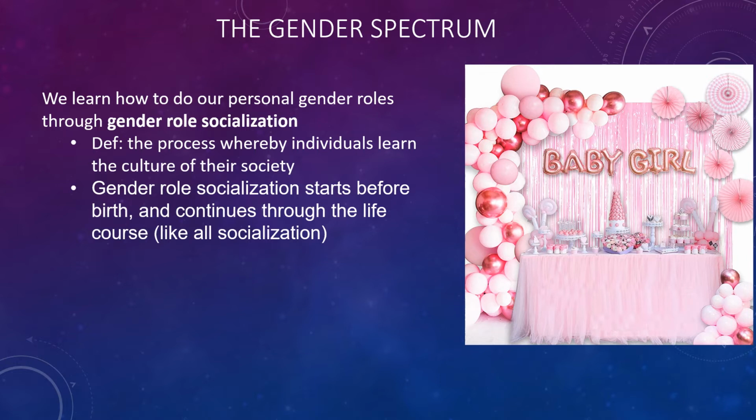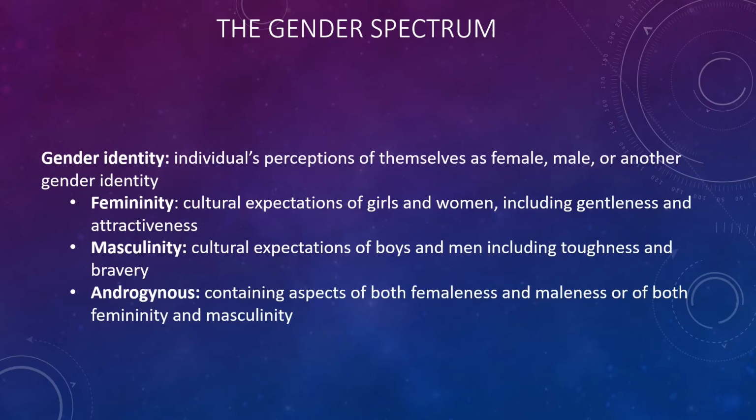If you've ever been to a baby shower of a child that's anticipated to be female, you absolutely see all this pink, the pinkest thing you've ever seen, right? That is treating the anticipated child as if they are female in what's called anticipatory socialization, which is anticipatory because we're expecting a girl, and it is also gender role socialization.